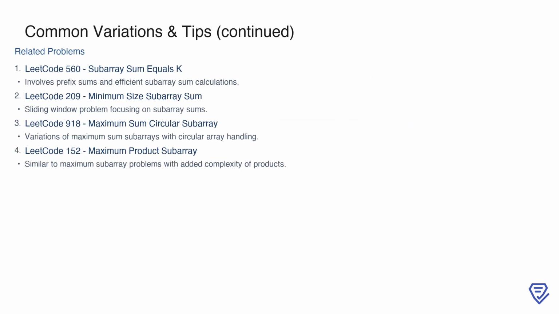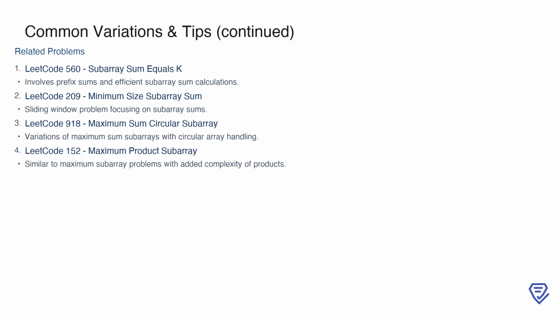To deepen your understanding of related concepts, it's helpful to explore similar problems. For example, LeetCode 560, Subarray Sum Equals K, also involves prefix sums and efficient subarray sum calculations. LeetCode 209, Minimum Size Subarray Sum, focuses on using a sliding window technique to tackle subarray sums.